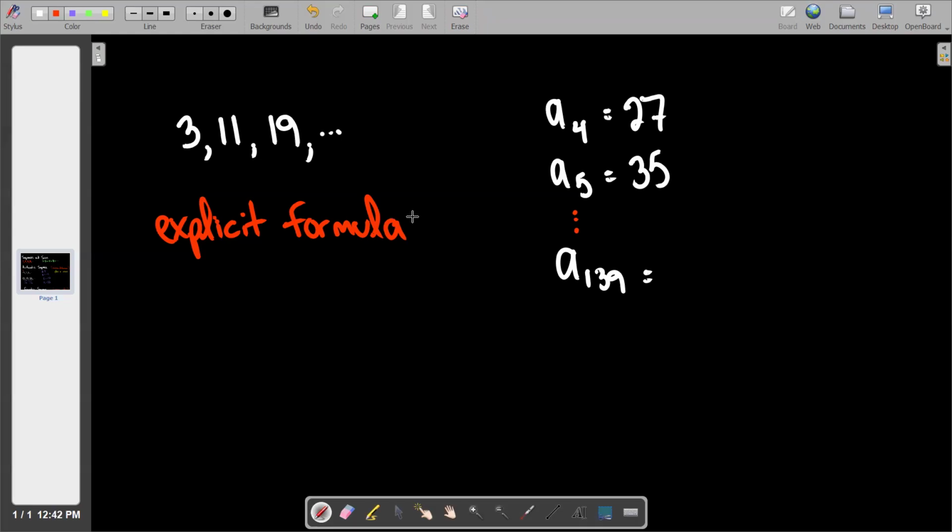There's a quicker way. If you think through the strategy, you think to yourself, okay, where do I start? And how many times do I have to jump ahead to get to the 139th term? And there you go. I present to you the explicit formula for an arithmetic sequence. To find any term in an arithmetic sequence, you take the first term and you add the product of n minus 1 times d.